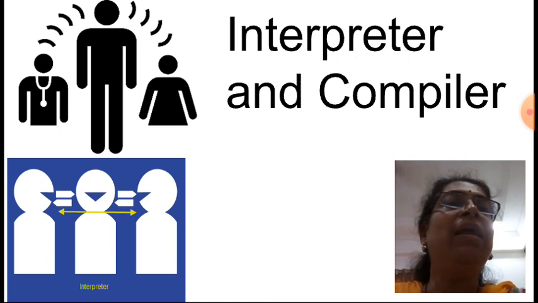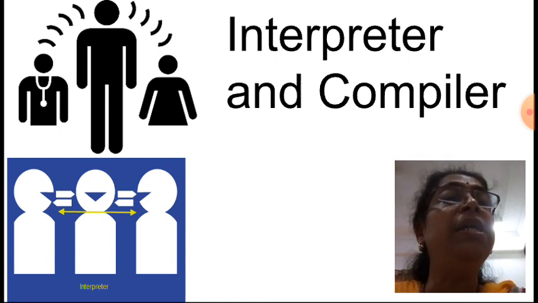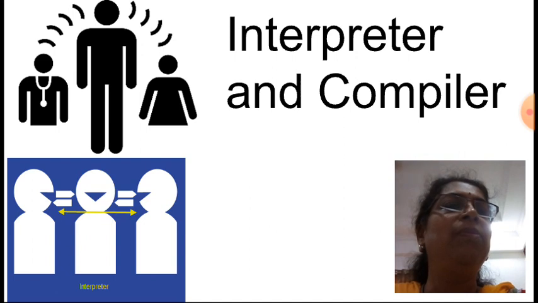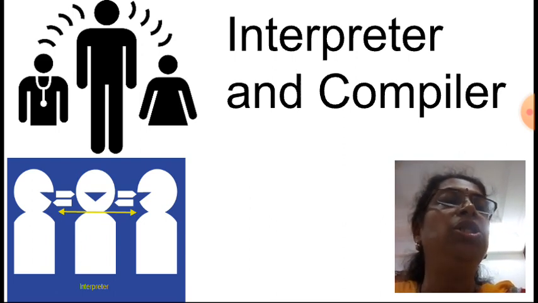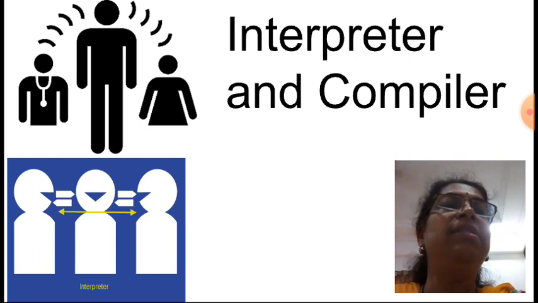Now in simple English, all of you know what interpreting is: explaining the meaning or converting. Compile means the same thing: make it easier, or put it in a form that another machine or person will understand.